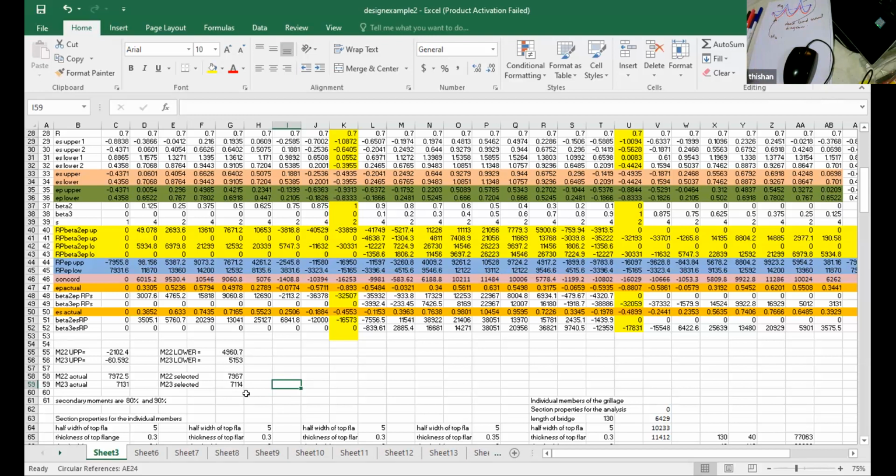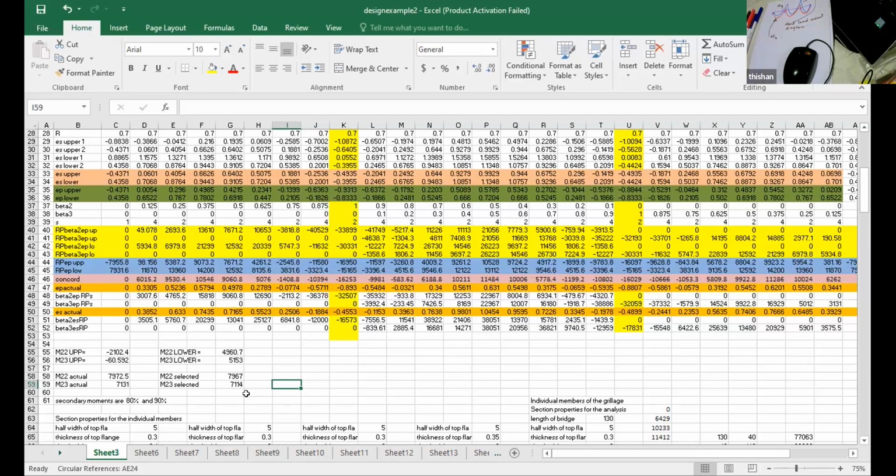So you can see this spreadsheet-based calculation. If you have understood the process, then you can easily manipulate this kind of program and design very optimized ones. The spine beams can be optimized a lot when you start using this particular method, because we are in full control of the design process.